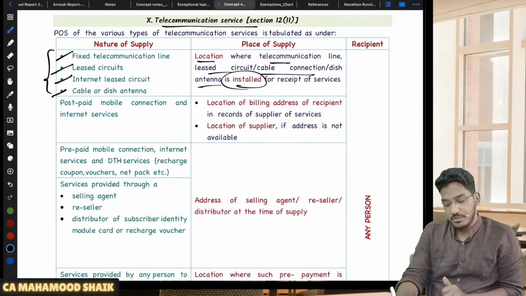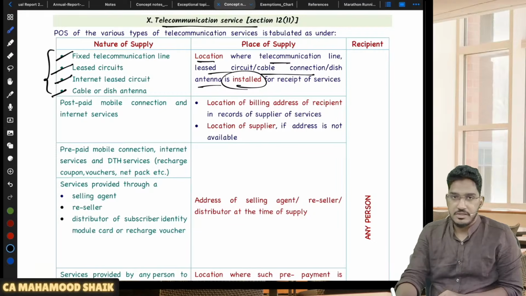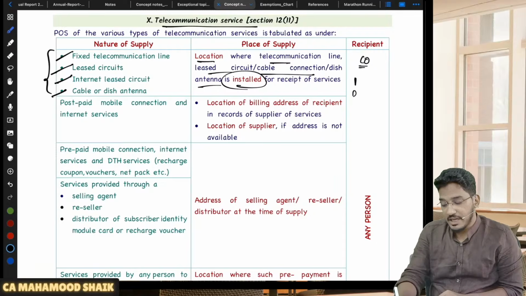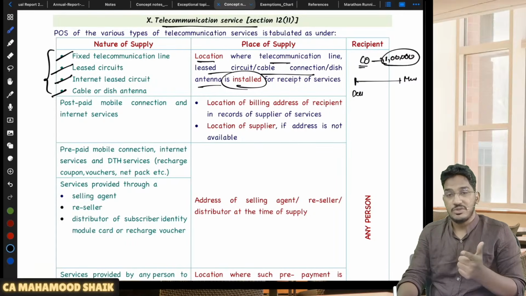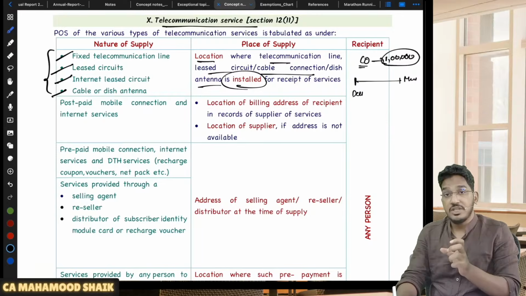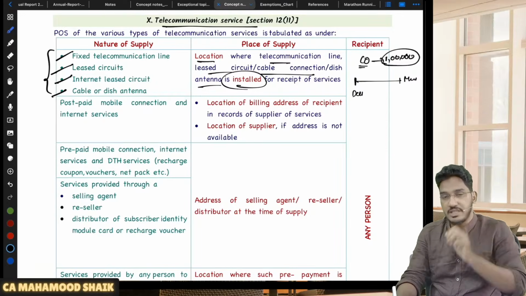Now here we have one point. Let us say there is a leased circuit. One company is getting a leased circuit, with its starting point in Delhi and its ending point in Mumbai. For this leased circuit, the company is charging 1 lakh rupees, sir. What will be the place of supply? In this case, since the leased circuit is spread across 2 states, you have to divide it among the 2 states, in the ratio of the number of points in each state.